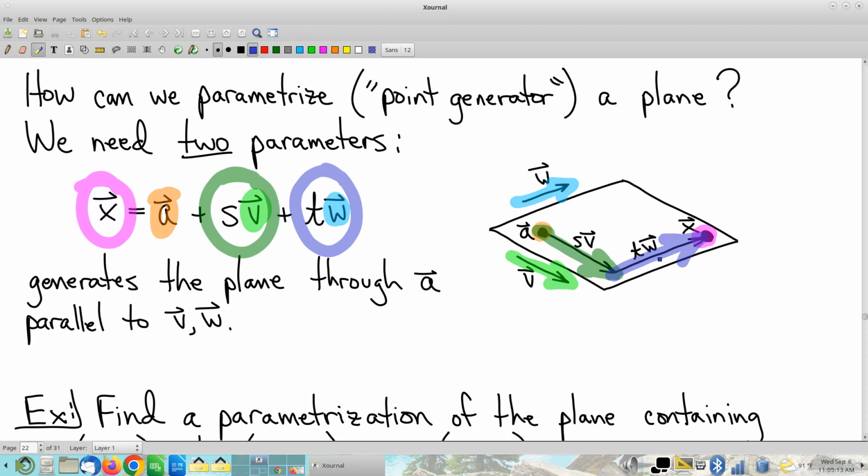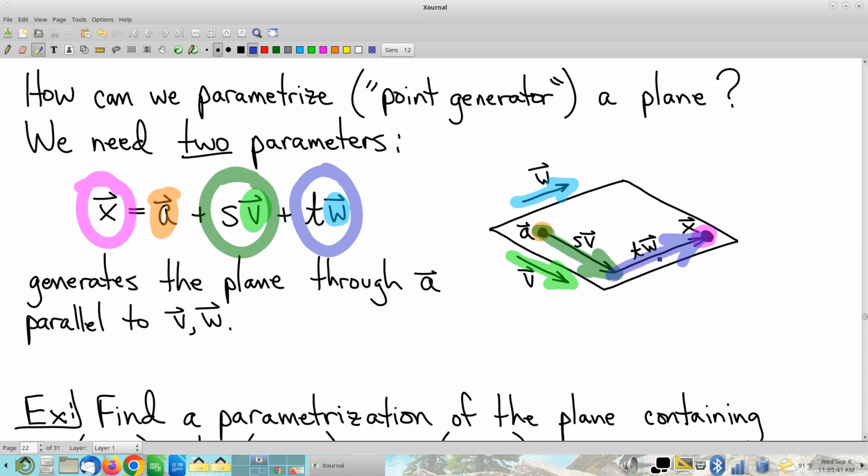If I have a starting point in the plane and I want to get elsewhere in the plane, I can always do that by going an appropriate distance in the one direction followed by an appropriate distance in the other direction, as long as v and w are not themselves parallel or 0 or something silly like that. Everybody buy that so far?